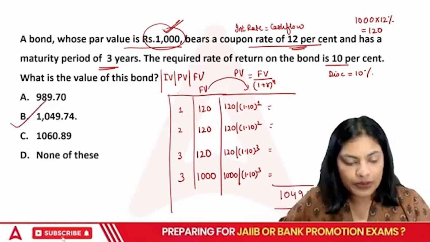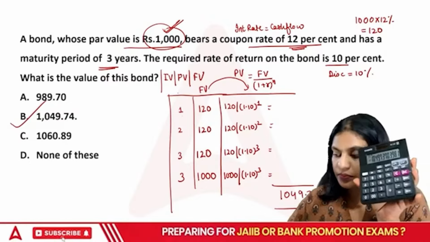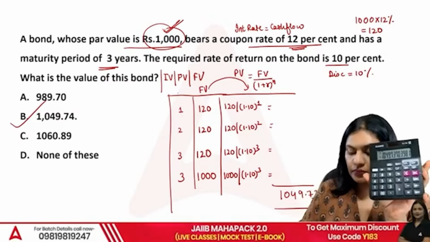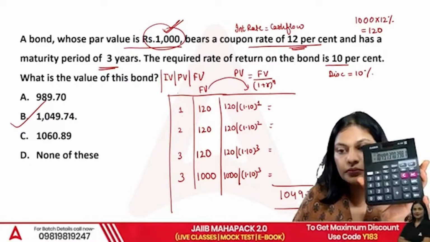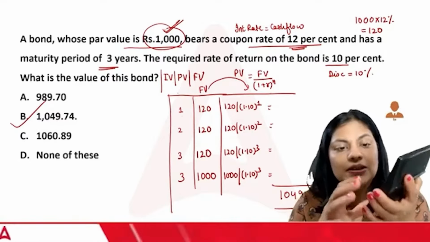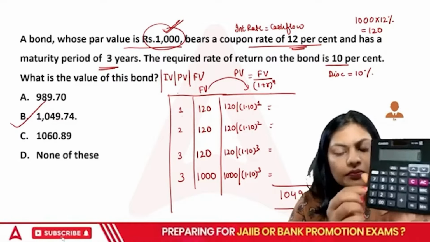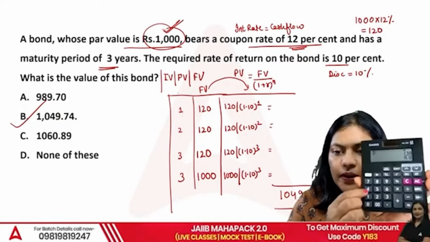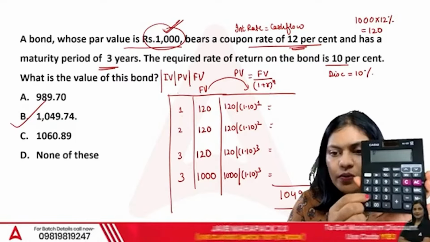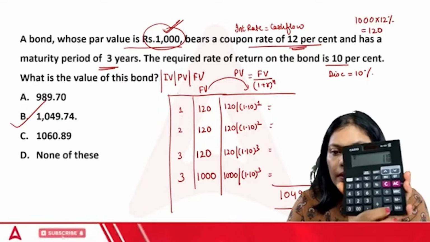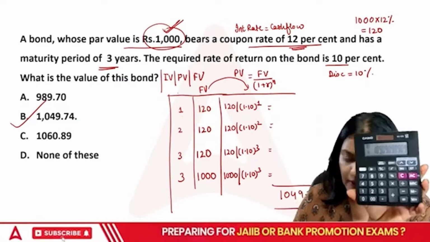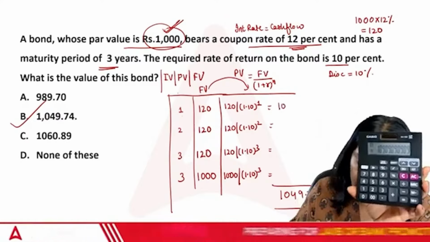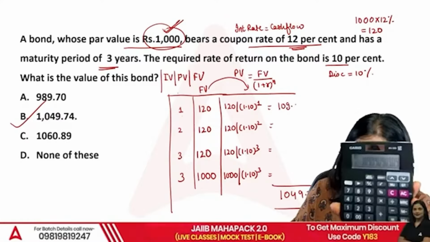How do we do so? See, check. I hope you are able to see the calculator. So, 120 divided by 1.10. First equals to, you will get the first value, which is 109.09.